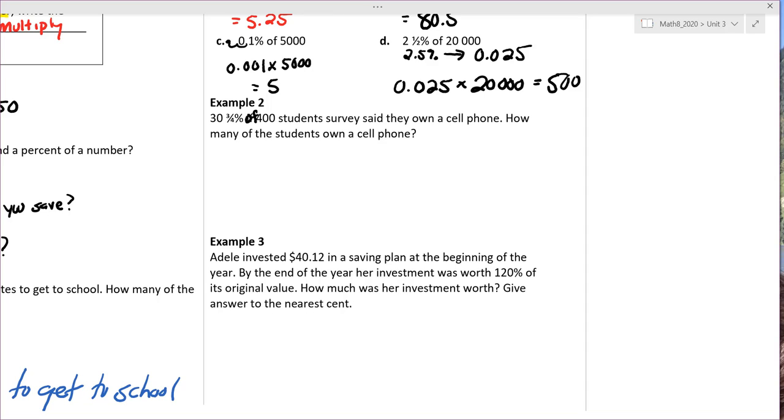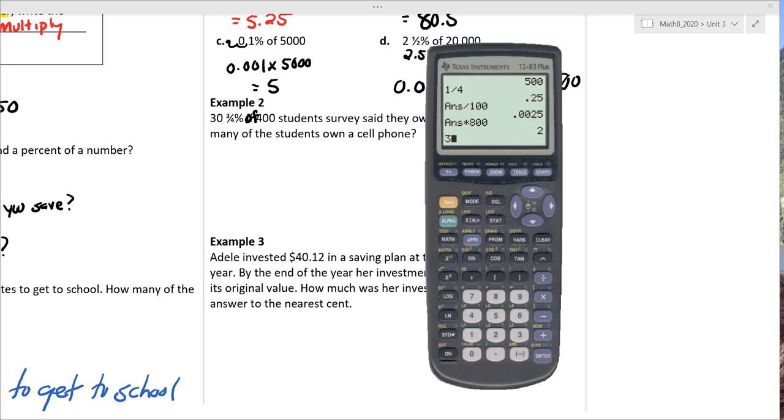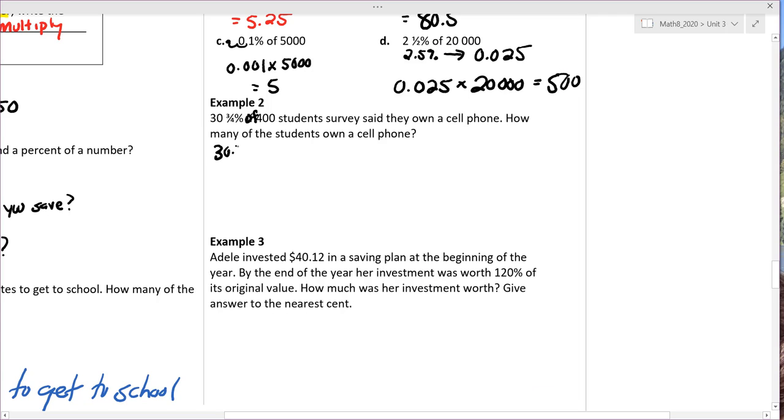So once again, when we're given a fraction in a percentage, do that as a decimal before converting to a decimal. So 30.75. Remember, 3/4 is 0.75. So 3 divided by 4 is, right? 30.75%. What is that as a decimal? 0.3075. You divide that number by 100 on your calculator, or you move the decimal 2 places to the left. Okay?